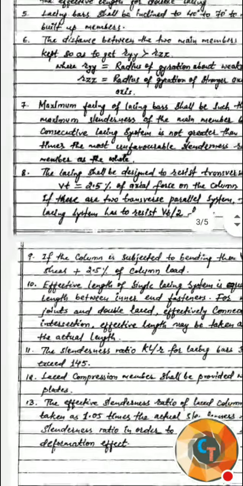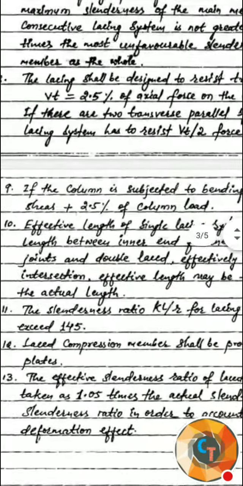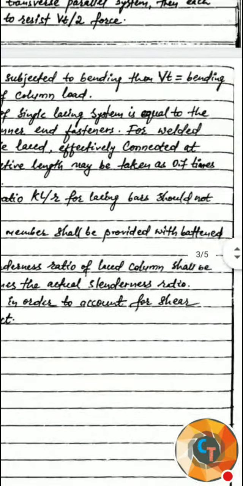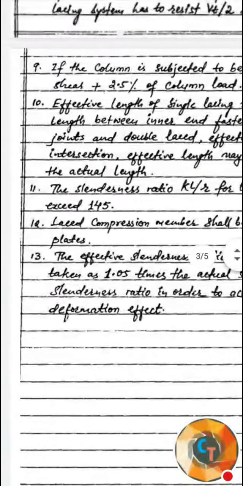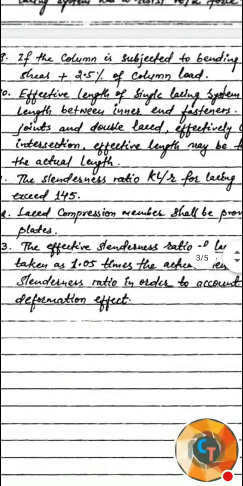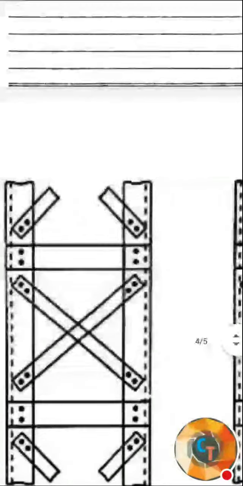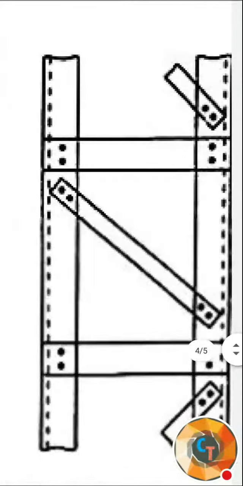And the 10th point: the effective length of a single lacing system is equal to the length between inner end fasteners. You must design not only the column but also the lacing bars: the breadth, thickness, and length, and how many bolts are required to fix the lacing bars. Here in the figure, take a single lacing system.